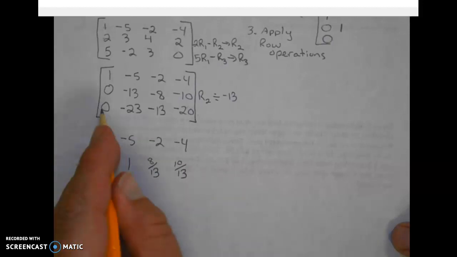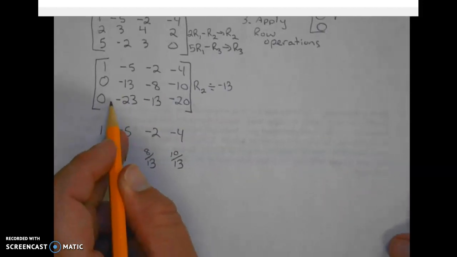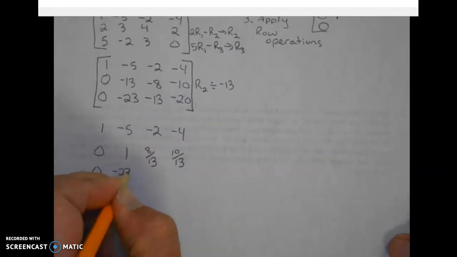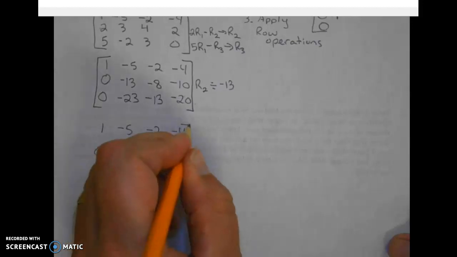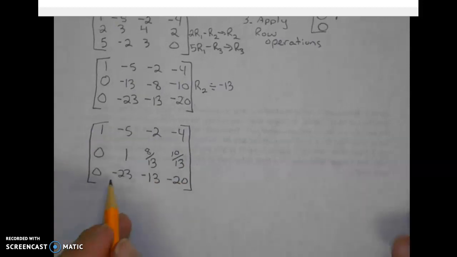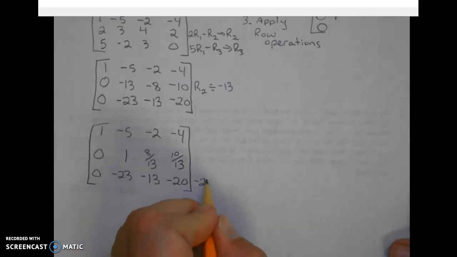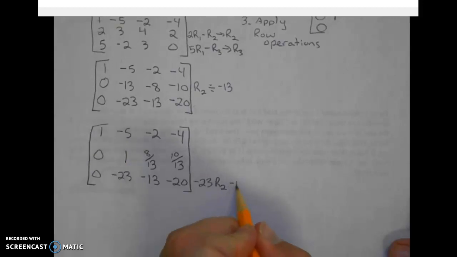All right, now we want to get a 0 in this spot. So I think what I'm going to do is I'm going to just write this down, and then we'll do the row operation. So remember, we're going to multiply this row by this number right here. So negative 23 times row 2, and then we subtract row 3 to get a new row 3.